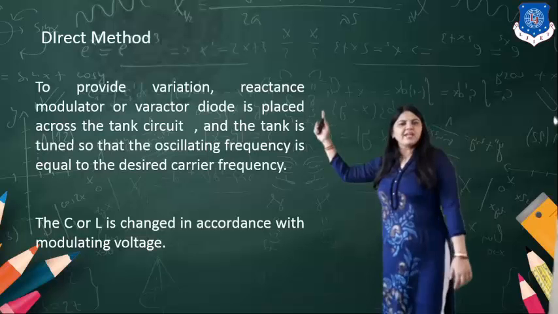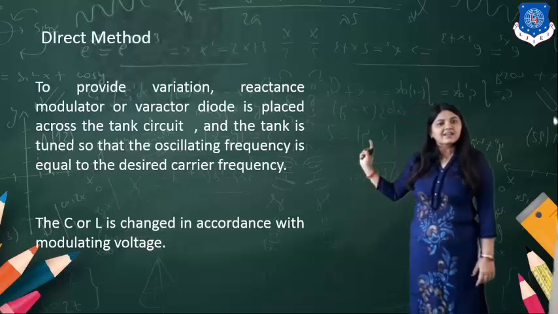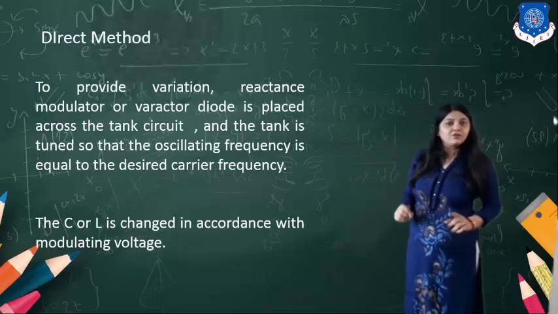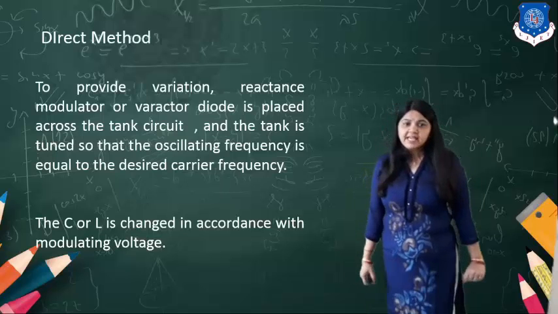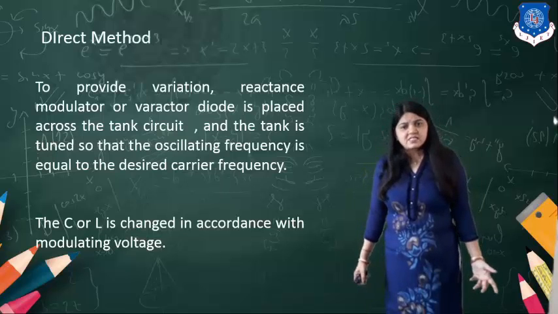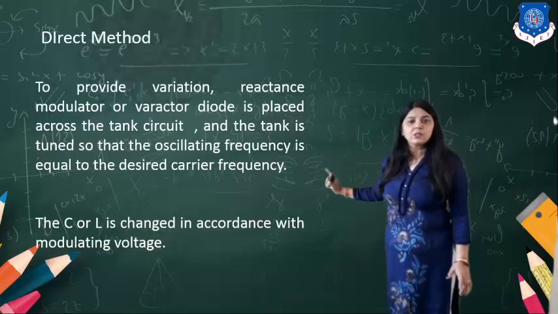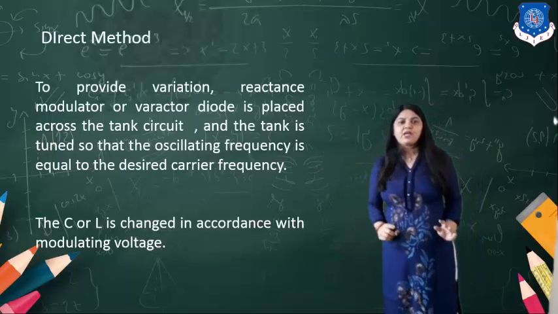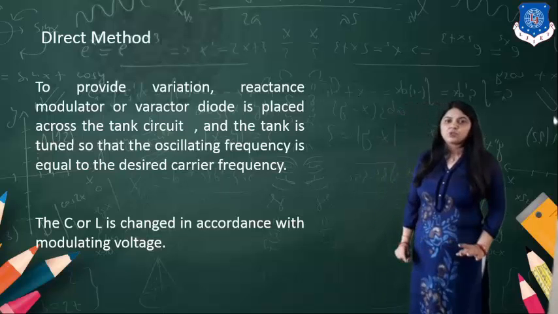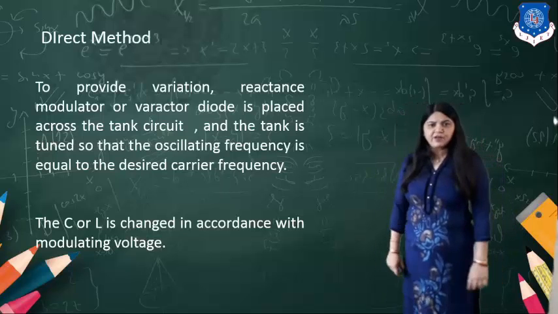To provide the variation, the reactance modulator or the VARACTOR diode is placed across the tank circuit, and the tank is tuned so that the oscillator frequency equals the desired carrier frequency.